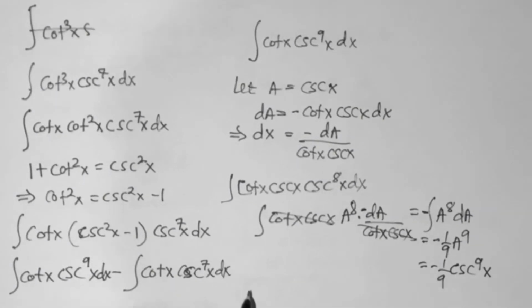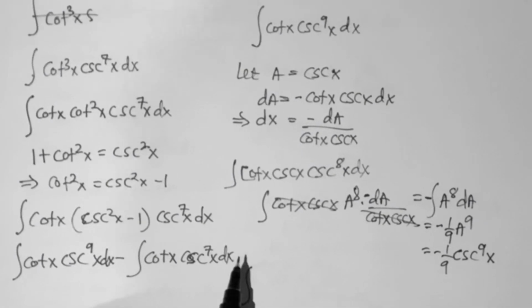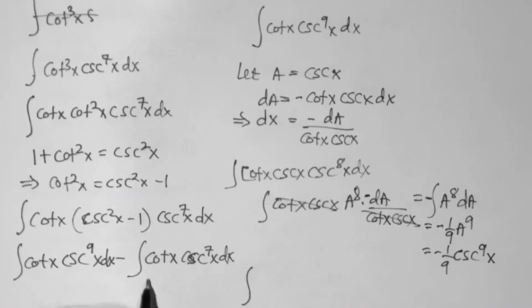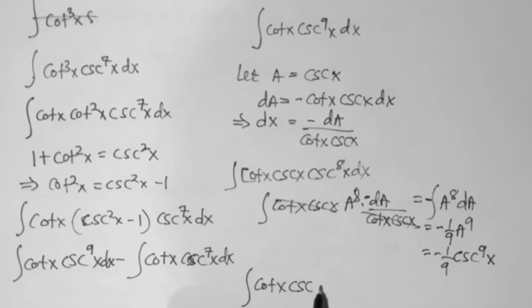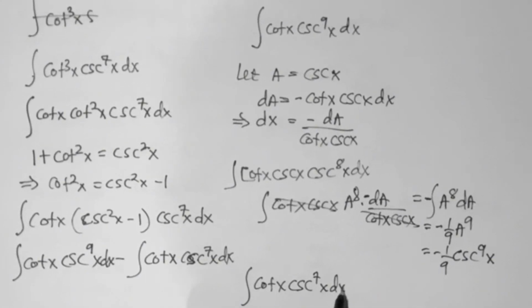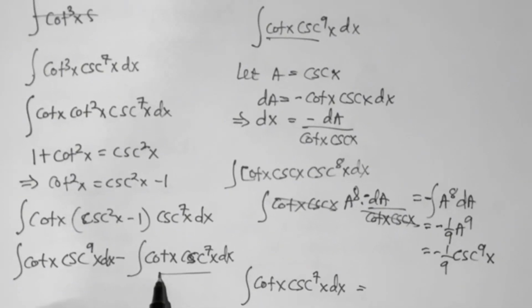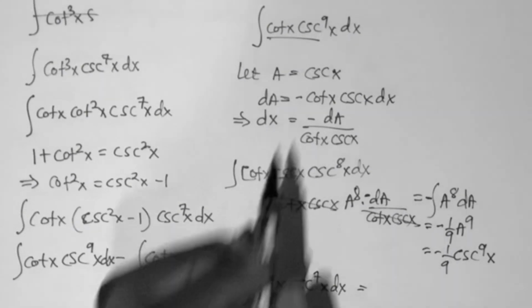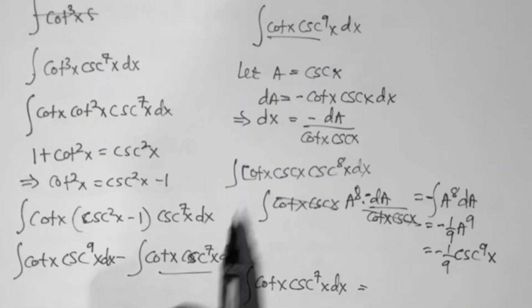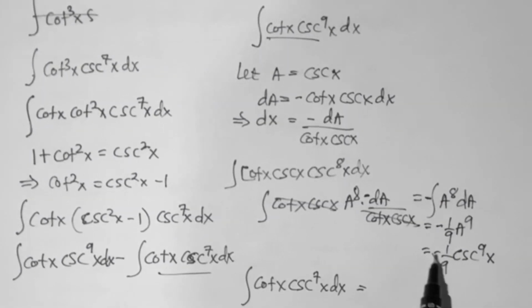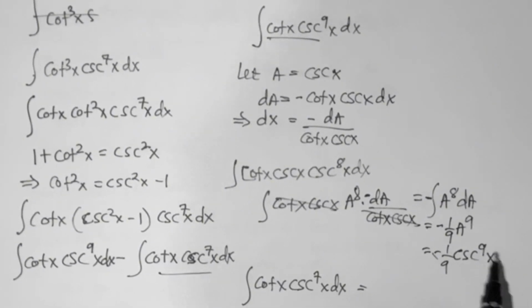So having gotten that, let's evaluate integral of this one, which is cot x cosec exponent 7x dx. Now using this understanding, we can evaluate this. You can see that when we did this cot x cosec exponent 9x, we got minus 1 over 9 cosec exponent 9x.